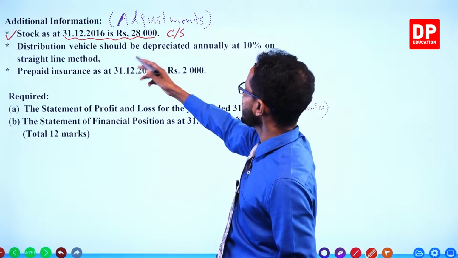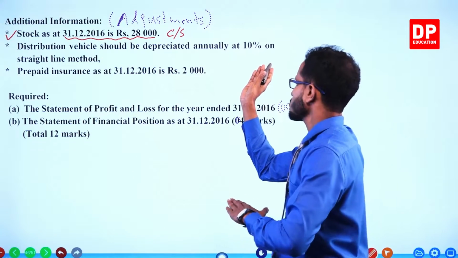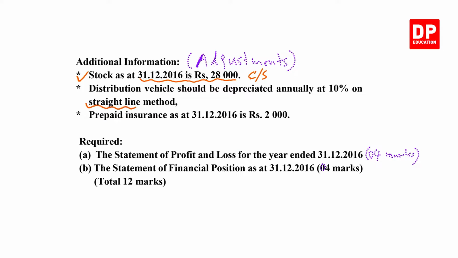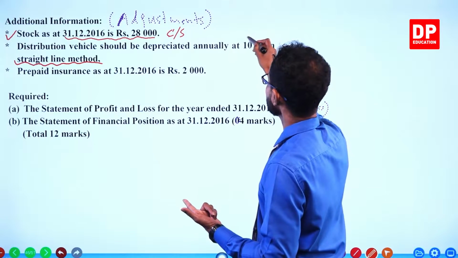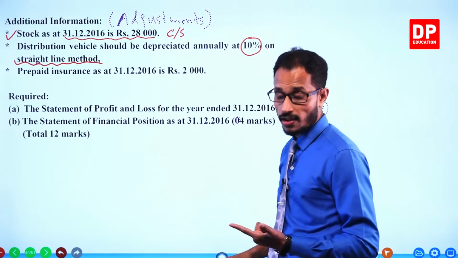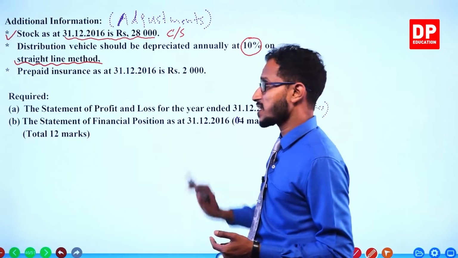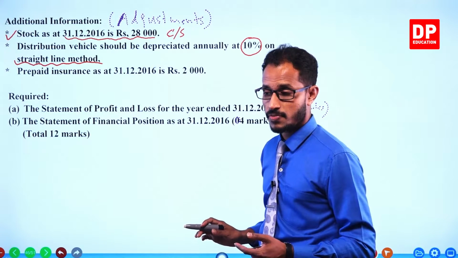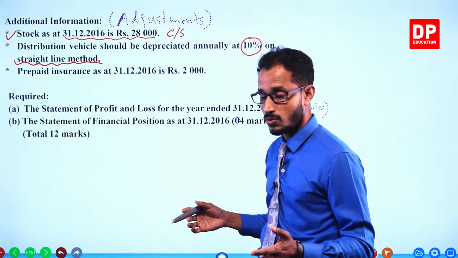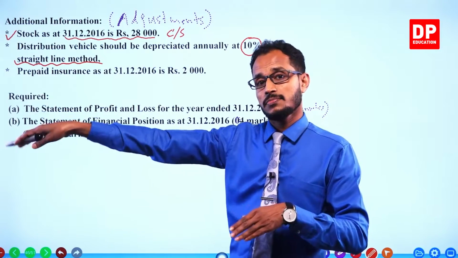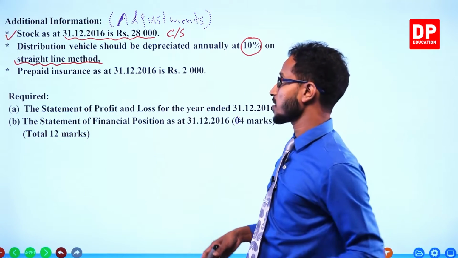Distribution vehicles should be depreciated annually at 10% on straight line method. We know that depreciating is done according to the method called straight line method. That is what they have given.